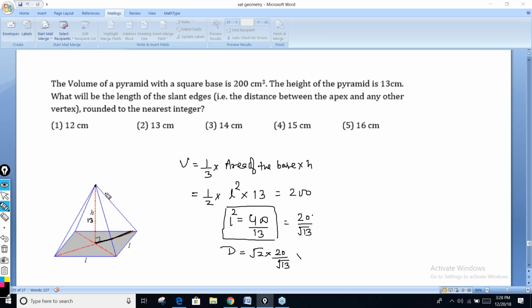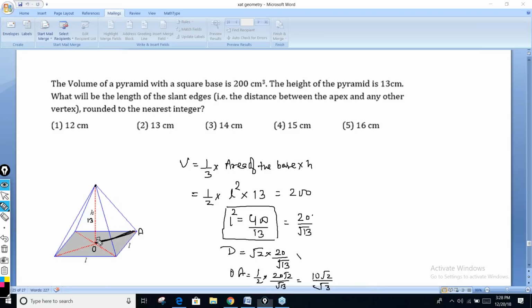We need to find this now. So I'm using half of the diagonal and that is 13. Let's say I name it OA. The OA will be half of this, 20 root 2 upon root 13, so that is 10 root 2 upon root 13. We need to find this.